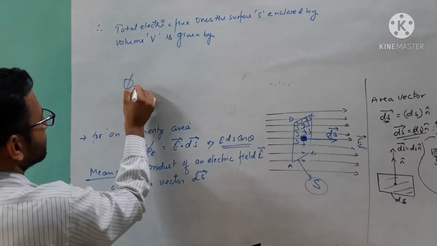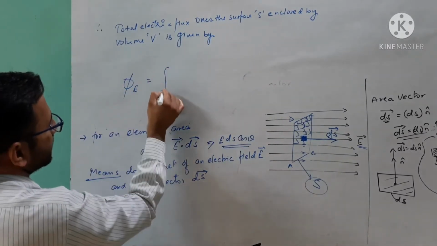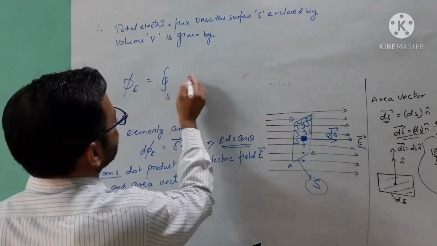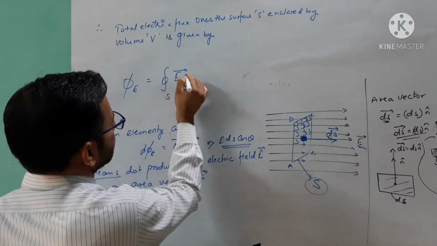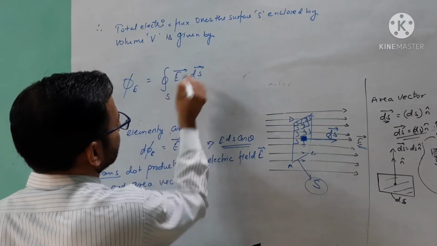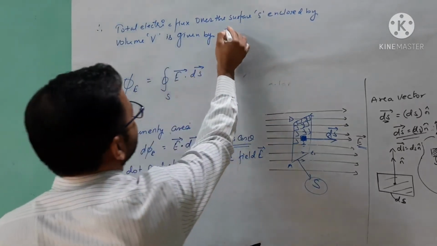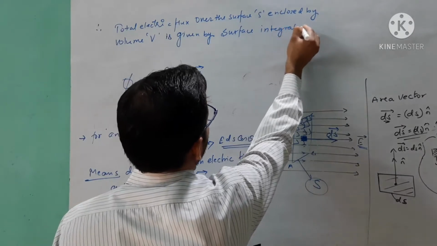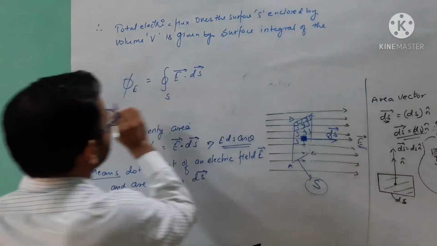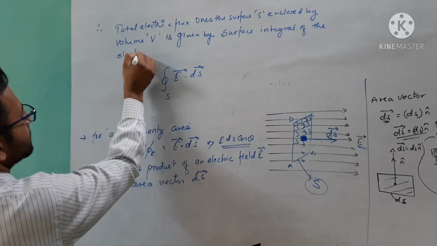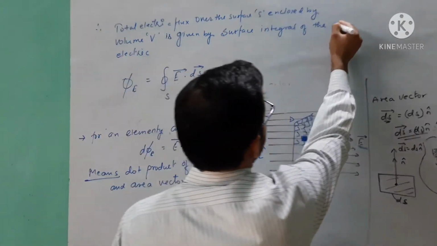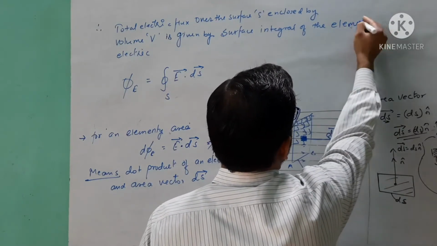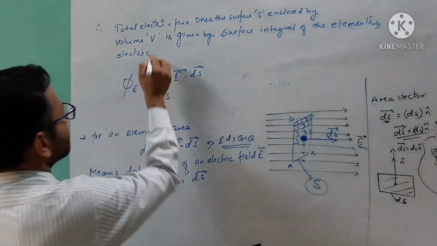phi E is given by the surface integral of the dot product of E and the area element, or you can say the surface integral of the elementary electric flux.